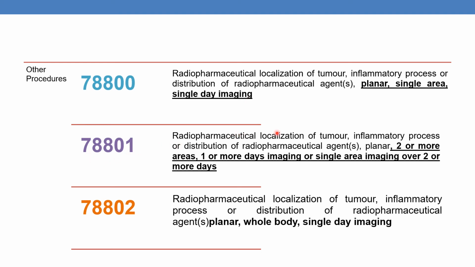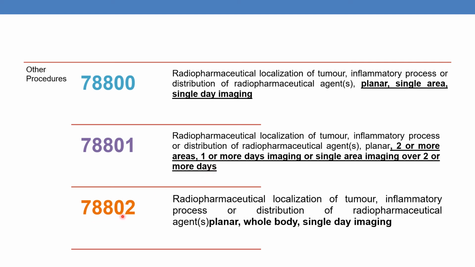It deals with radiopharmaceutical localization of tumor, inflammatory process or distribution of radiopharmaceutical agent, planar, 2 or more areas, 1 or more days imaging or single area imaging over 2 or more days. The first CPT is single area, single day imaging. The second CPT, that is 78801, deals with 2 or more areas or 1 or more days imaging or single area imaging over 2 or more days.